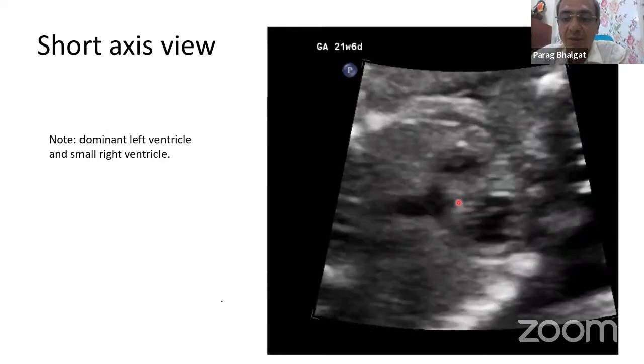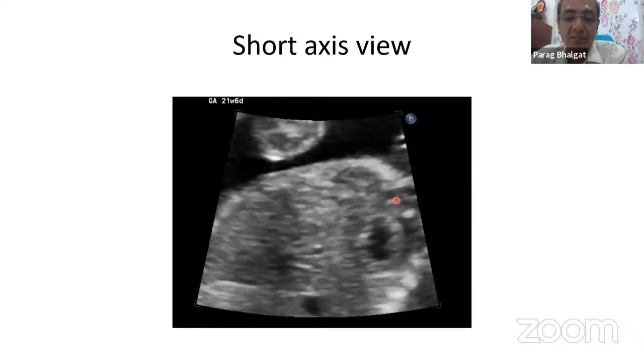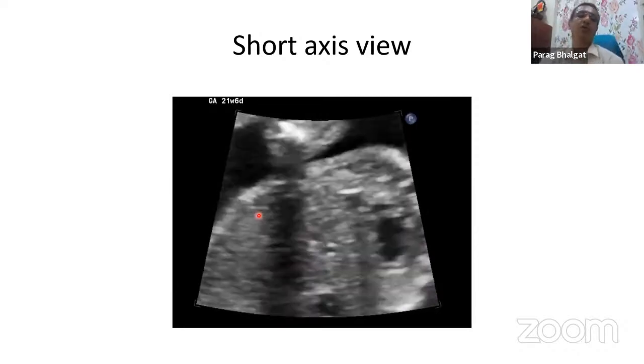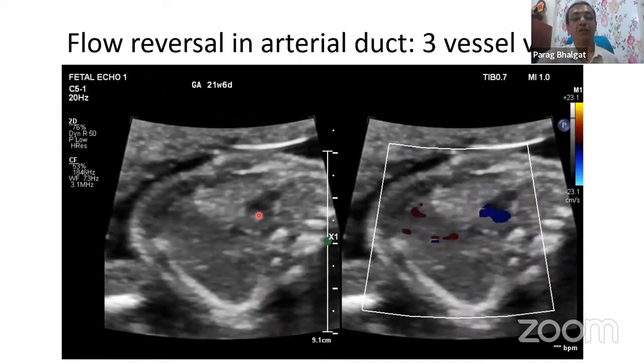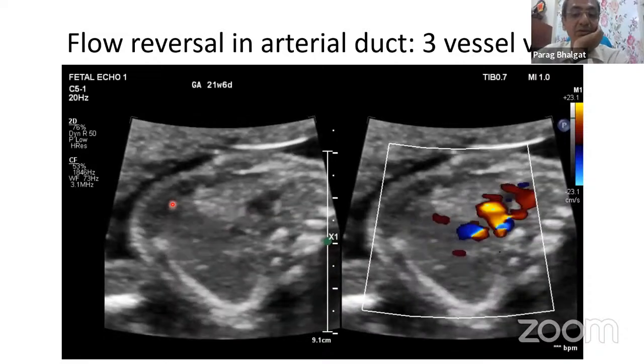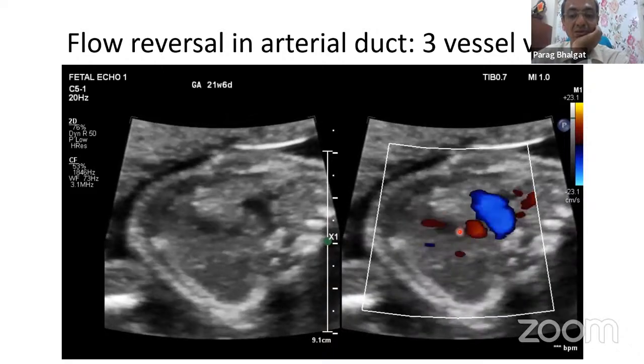Small RV, big LV. Okay. Same short axis view just to show how small RV is in this case. Now coming to, there was no forward flow and there's a flow reversal in duct. So this is the aortic arch and the red flow in the duct is just a flow reversal.